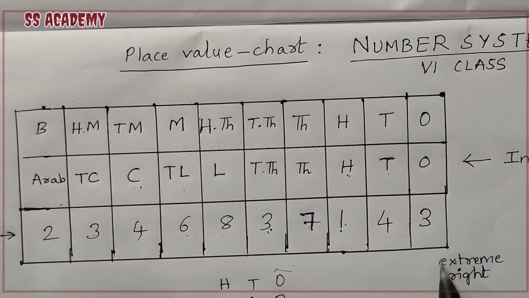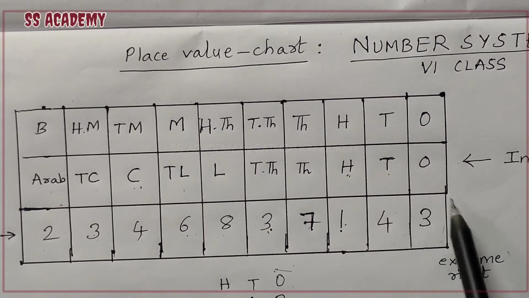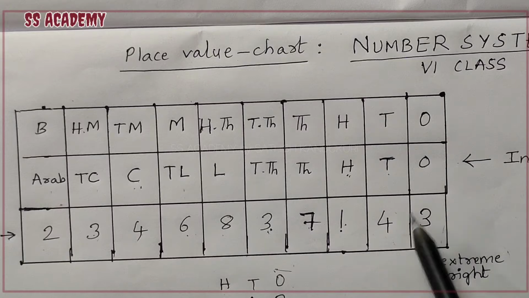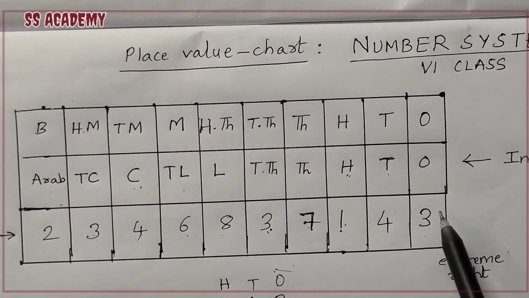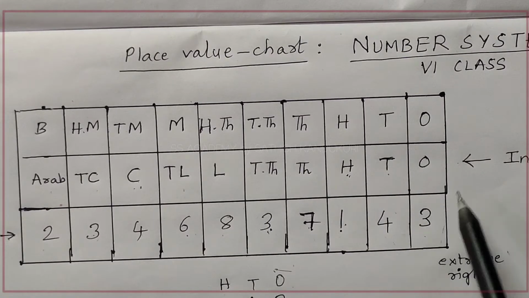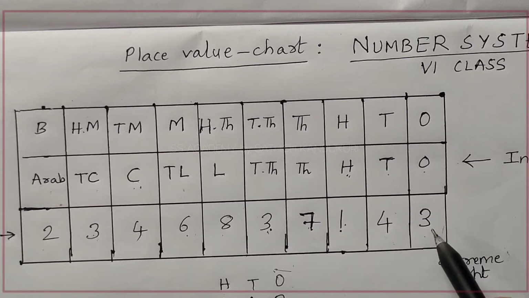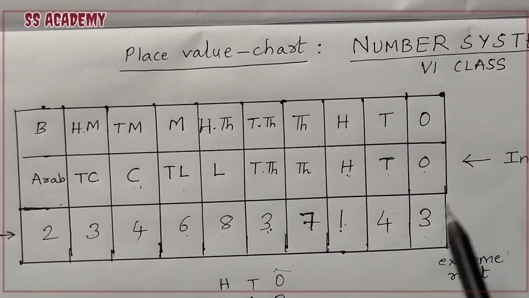If you look at this number, what is the number on the extreme right? 3 is on the extreme right. The number on the extreme right is considered in ones place.